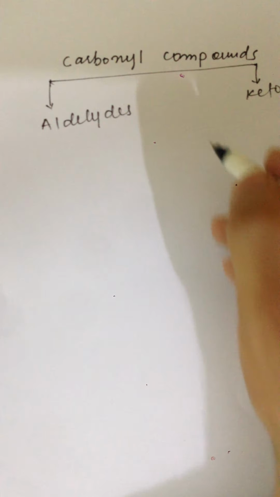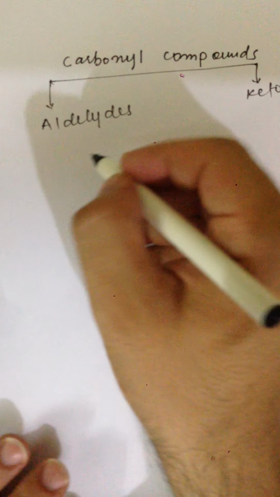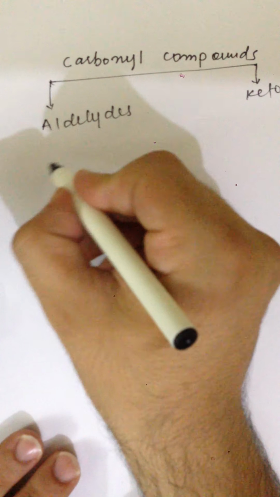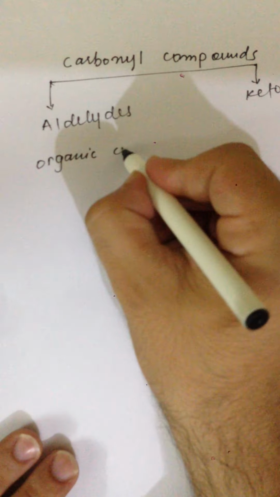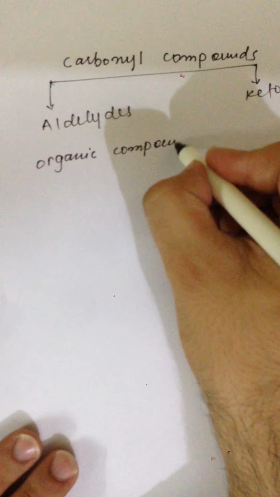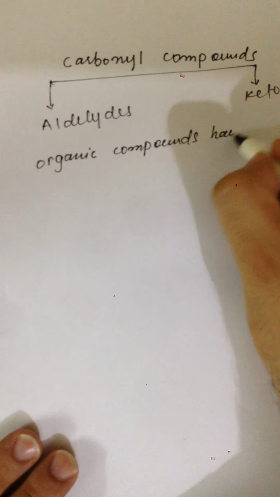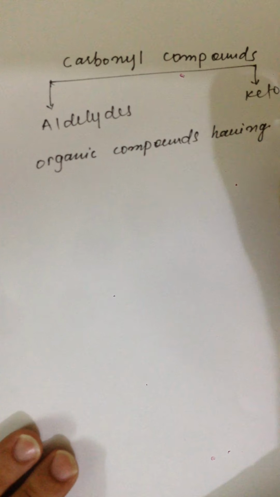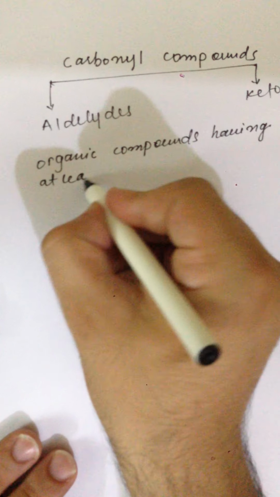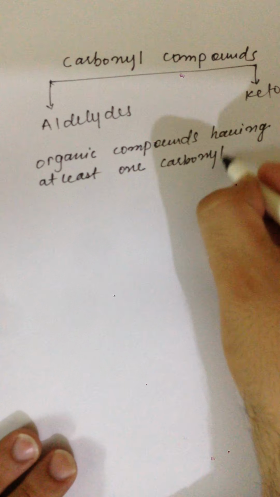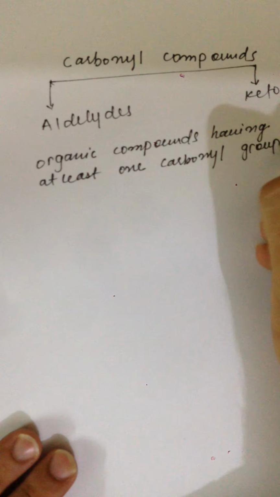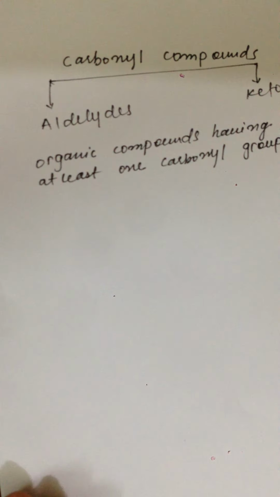Carbonyl compounds are those organic compounds that have at least one carbonyl group. The carbonyl group is represented by this.